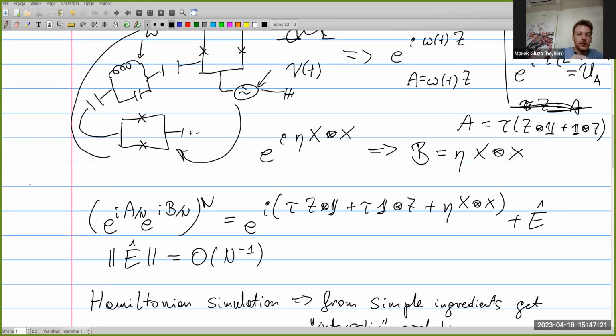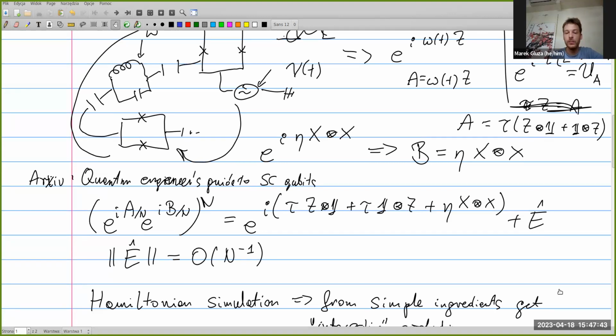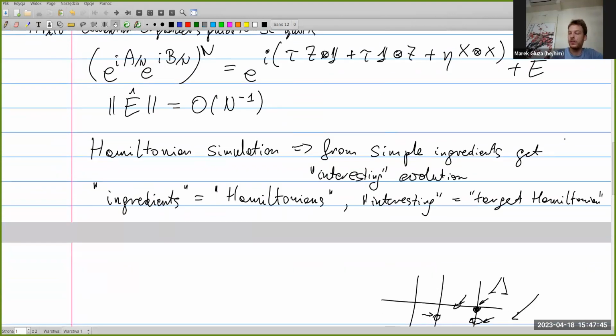This is on arXiv, the Quantum Engineer's Guide to Superconducting Qubits. Okay, they really explain this on 20 or 30 pages, how those voltages will translate.